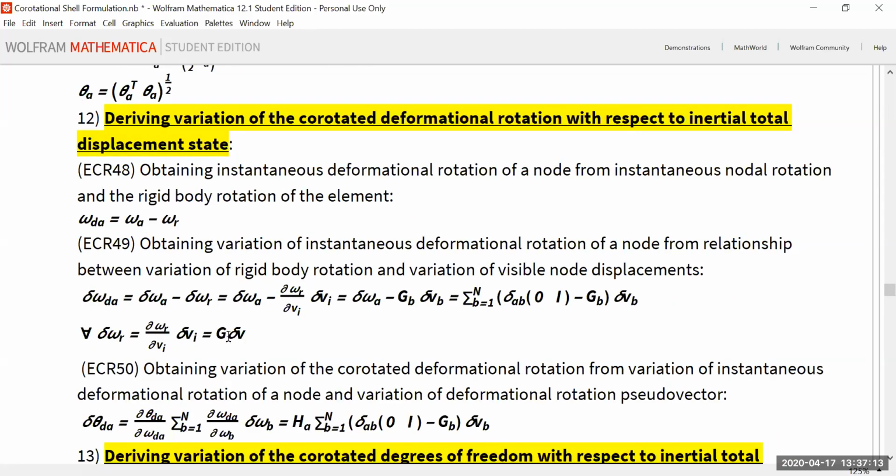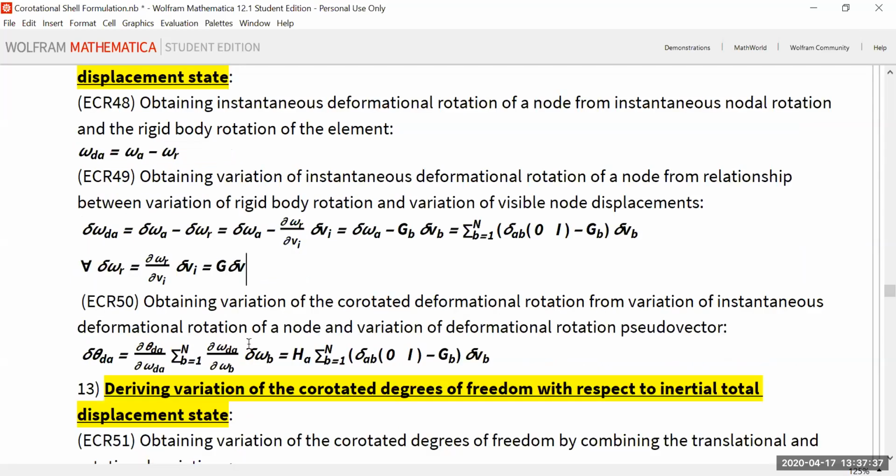And here you're going to see in the governing equations a few parameters that are going to be common. One of them is going to be this g, and this g is just so that you can transform your deformation rotation to your inertial total displacement. So this is just a transformation, a relationship between these two.